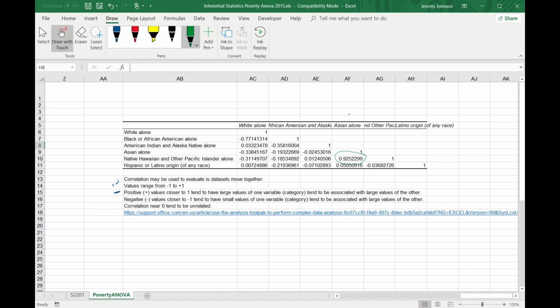0.92, and that is a comparison of the Asian data set and the Native Hawaiian and Other Pacific Islander data set.